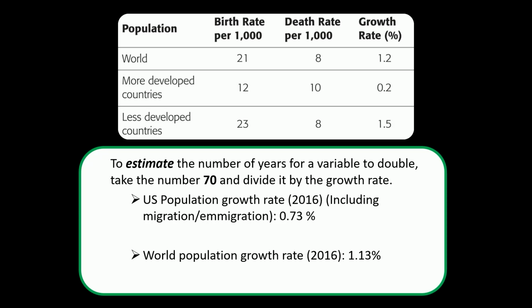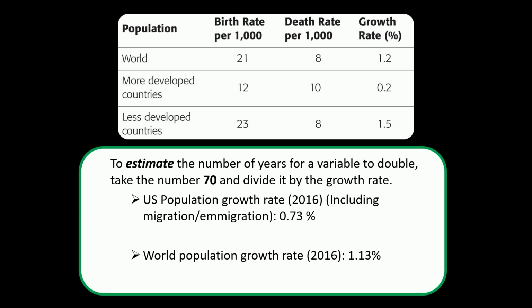And you can do interesting kind of crude mathematics with this. There are mathematical tricks you can use with some of these numbers. You can take a look at the population growth rate, and you can estimate the amount of time it'll take any given population to double by taking the number 70 and dividing it by that growth rate. It doesn't work out perfectly, but it's a good approximation.